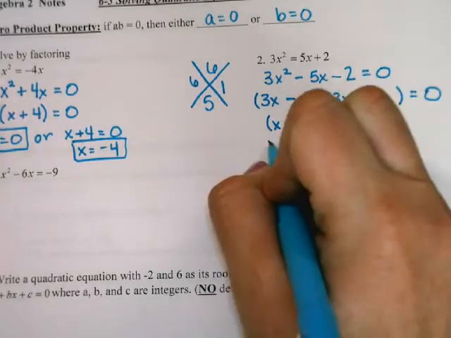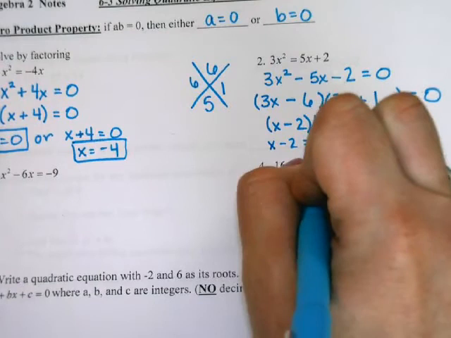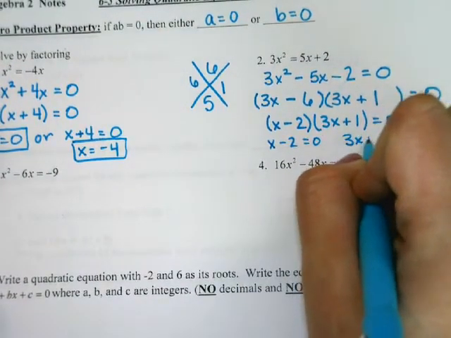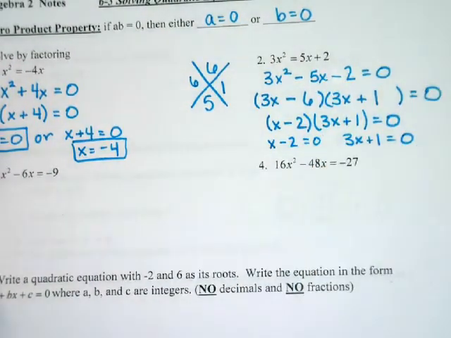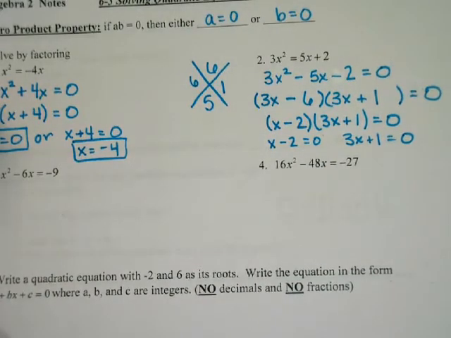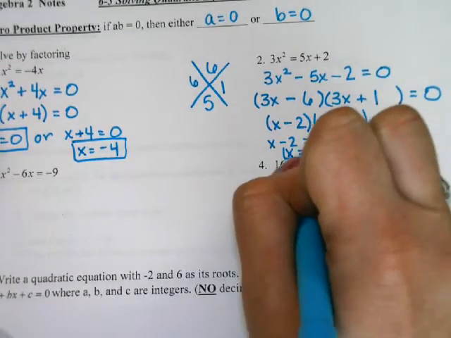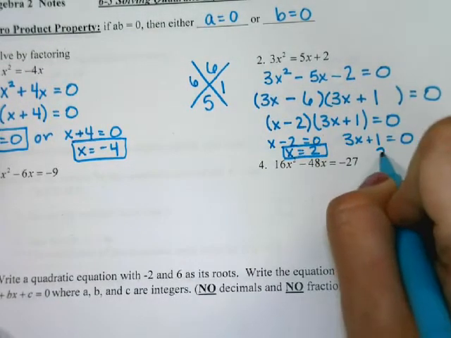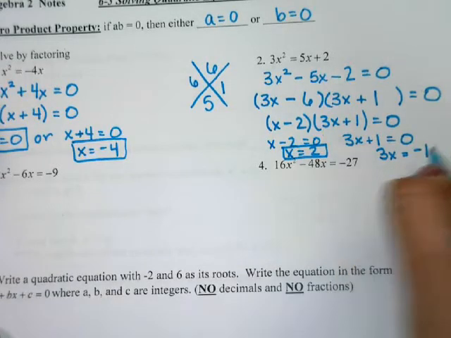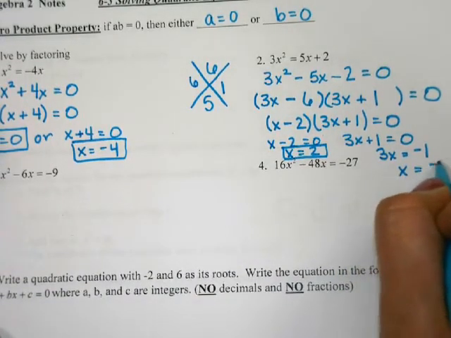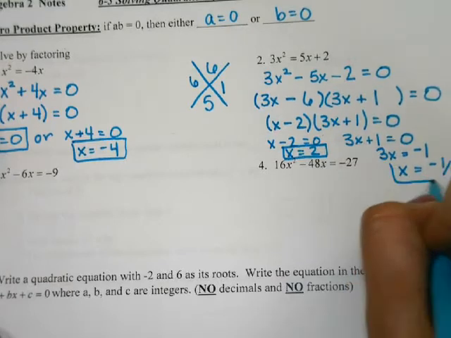Now I'm going to set them each equal to 0, so x minus 2 equals 0. 3x plus 1 equals 0. And solve for x. X equals 2. 3x equals negative 1. So x equals negative 1/3. Leave it as a fraction.